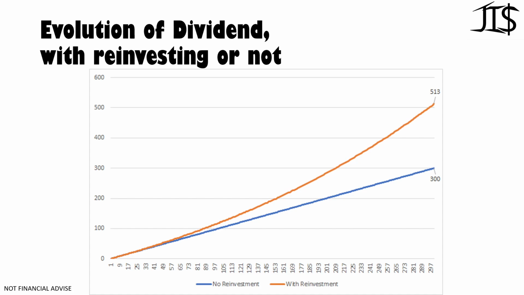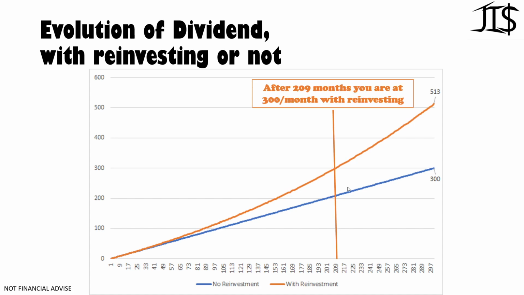So reinvesting is key. I would always advise to reinvest your dividends as long as you don't need them to live off when you are retired or something like that. And the turnaround point for me, when your dividend investing journey really starts, is after you receive the same amount as with which you started to invest.